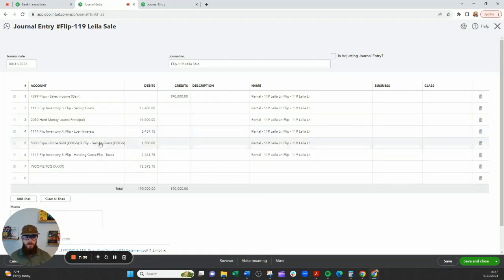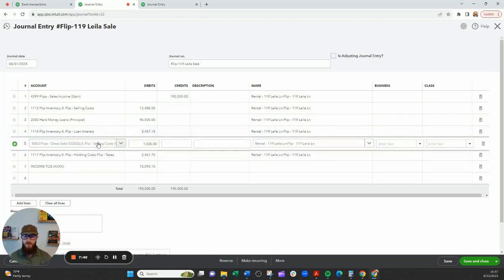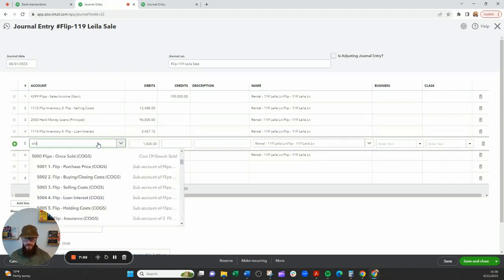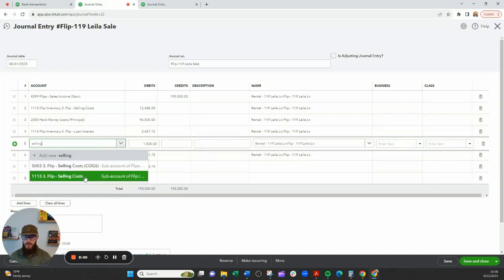And then this is incorrect. So we are coding all of these amounts to the flip inventory asset accounts, okay? I made a mistake for this. This is a COGS account. So we want the flip inventory asset version of this, which is going to be in the 1000s, right?